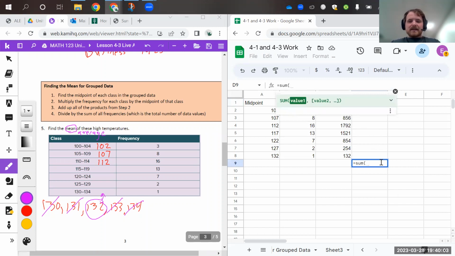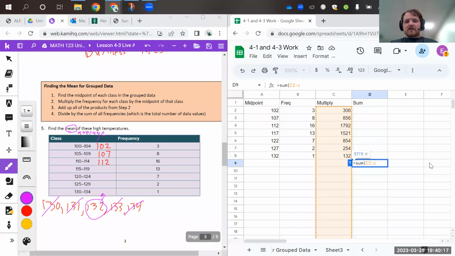I would pick C2 where it starts, and then go all the way to C8. Notice when I just press C, it has the whole column, and I want to cut it off at 8. It's going to add those all up for me.